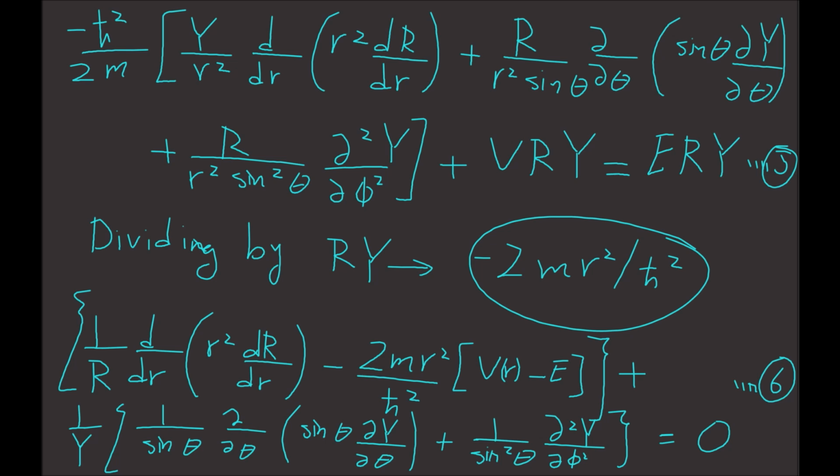So you see here equation number 6 is in terms of 2 terms. The first term, the one right over here, and then the second term. And if the sum of these 2 terms equals 0, this means that we can give them variables.